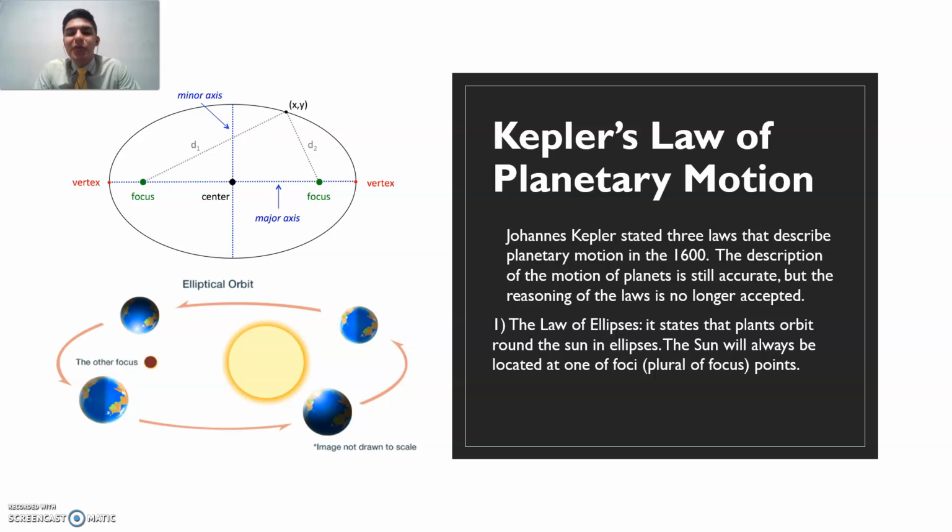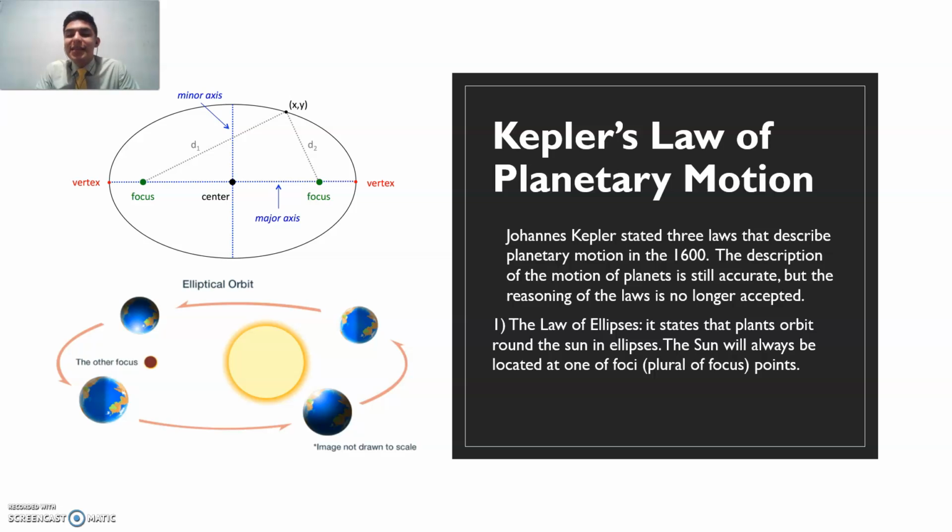The description of the motion of planets is still accurate, but the reasoning of the law is no longer accepted. So even though Kepler's laws can still be applied nowadays, there are a couple of things that scientists don't agree with anymore. We're going to start with the first law that he discovered, which is the law of ellipses.